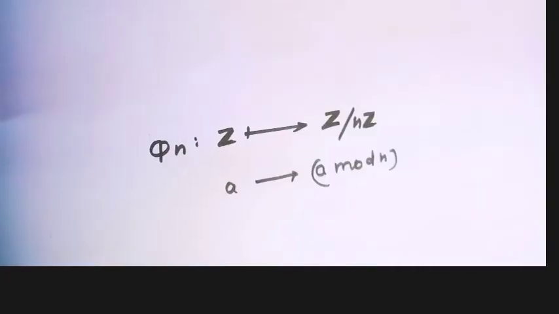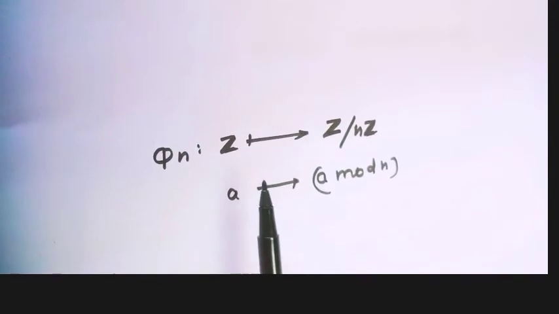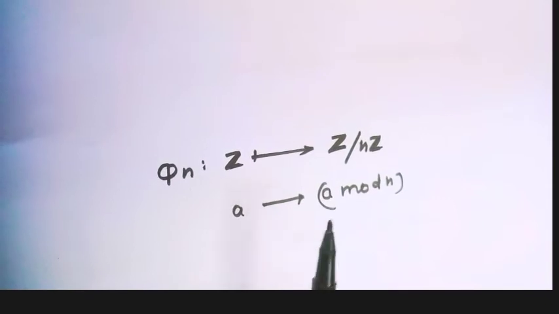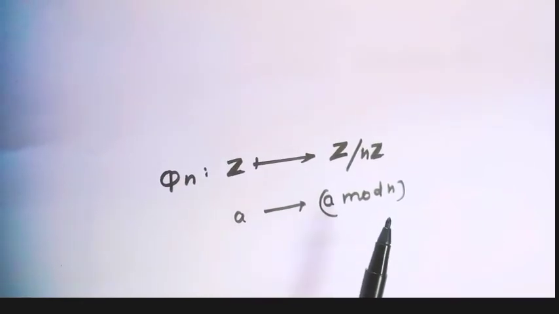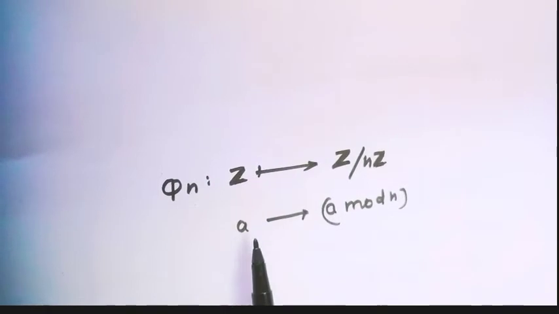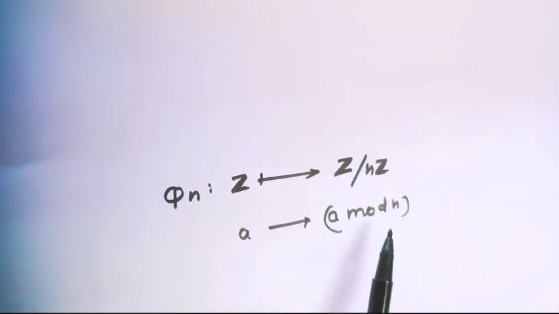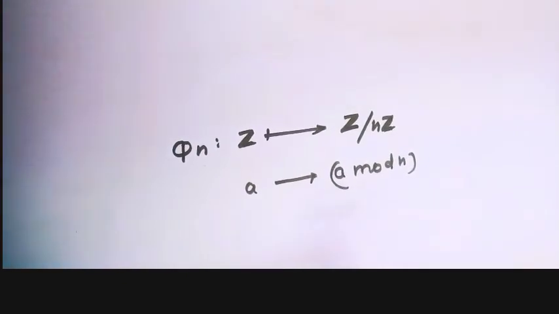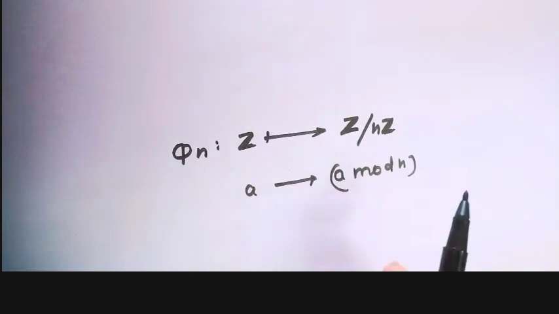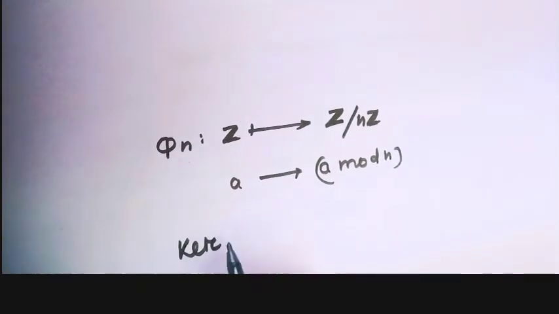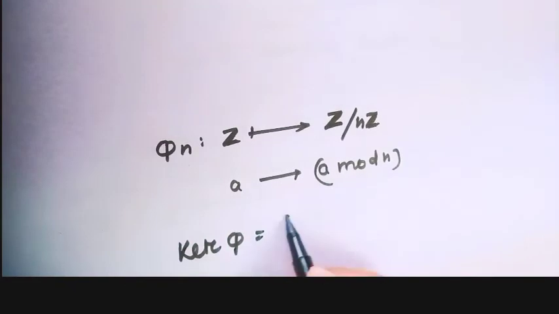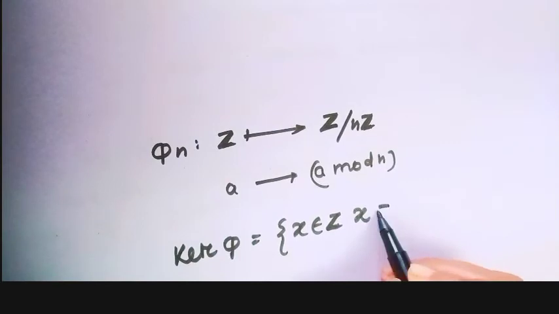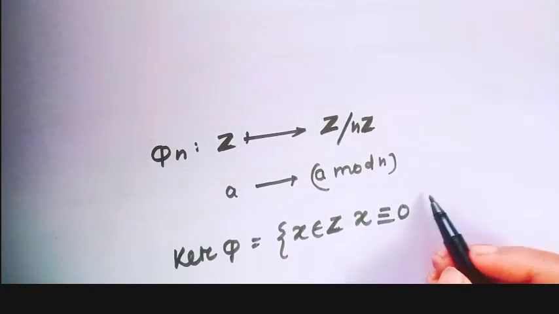Okay? Let's consider a mapping phi from Z to Z mod nZ. That means it takes an integer and reduces it mod n, and is defined as a to a mod n. That means it takes all elements to their equivalence classes in Z mod nZ. Okay? What would be the kernel? The kernel of phi equals the set of all x in Z such that x is equivalent to 0 mod n.